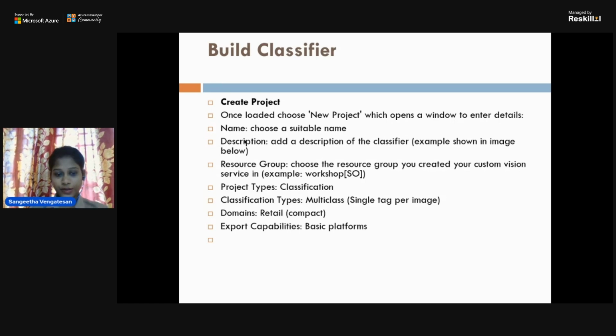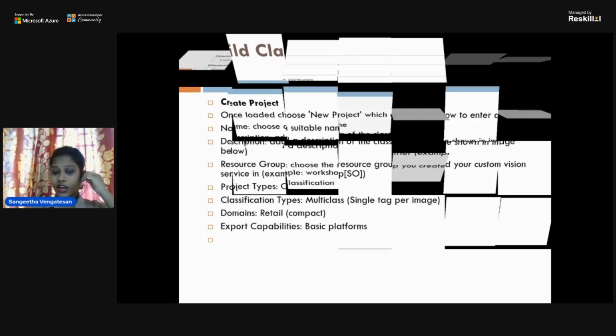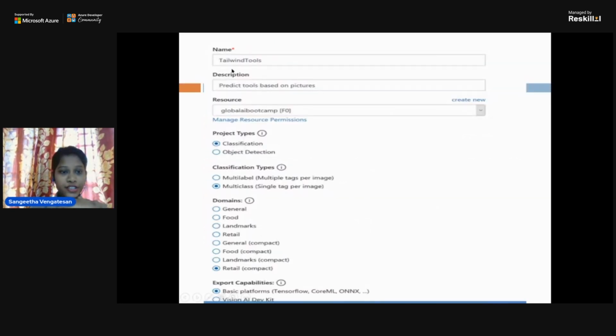And we are using the retail domain. Once you select retail, it shows export capability as the basic platform. I already showed this image. So we give the name, and the description and so on it will take. We already created the resource, and the project type is classification, because we are classifying the image.